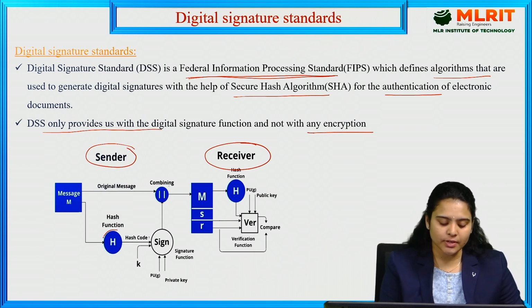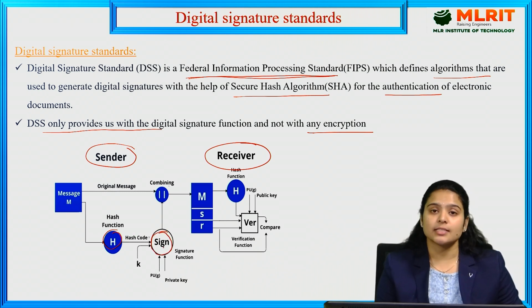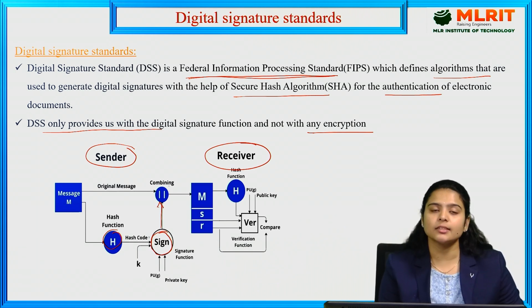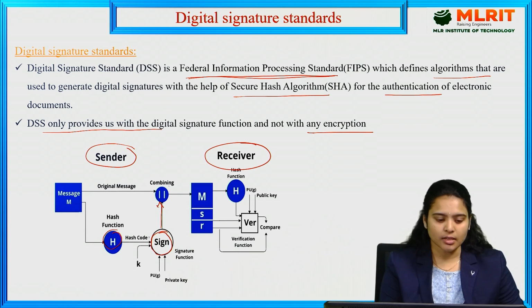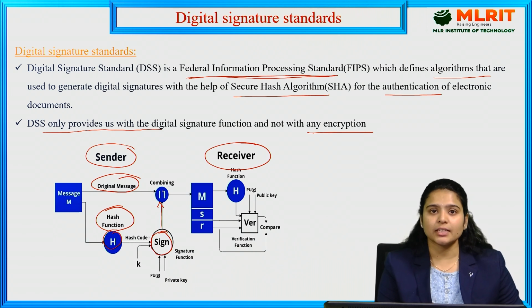This hash function is going to be verified and sent by using a signing method, and this signing method combines the whole process using the hash function and also the original message. Then after this combining, it goes to the verification process.